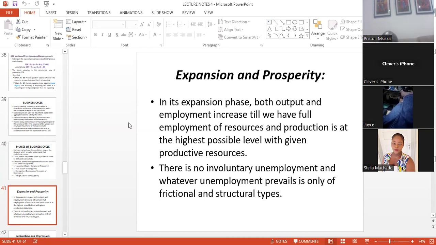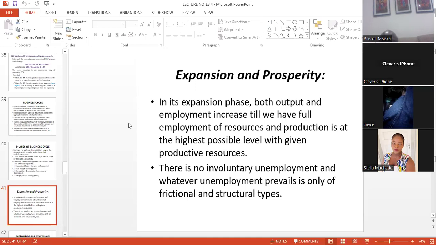Businesses are doing well, they are selling, and because they are selling, they want to produce more to take advantage of the demand. Because of that, they employ more people. So resources start being employed to the maximum. You might actually get full employment.